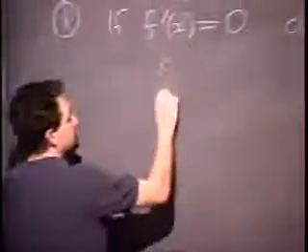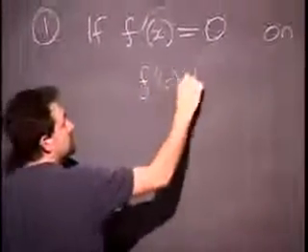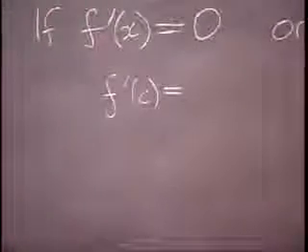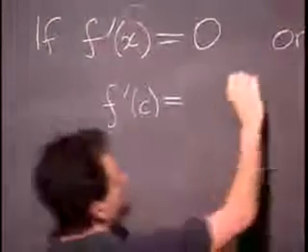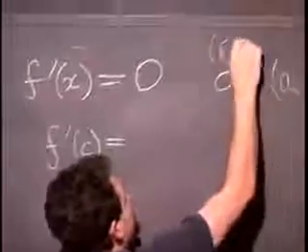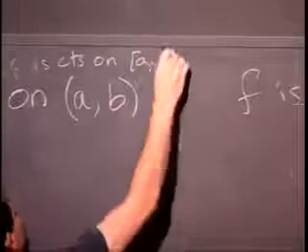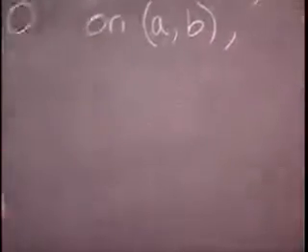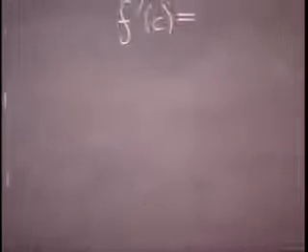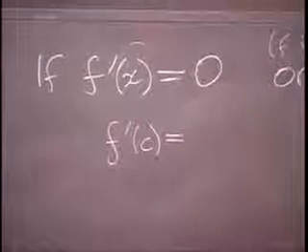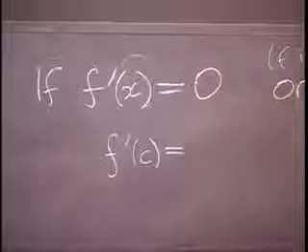Well, here goes. F prime of c, and let's assume f is continuous on a, b, although you actually don't need this. It doesn't hurt to also fill in the endpoints. You can get around this, but I don't want to get too bogged down about it. Let's assume that f prime is 0.